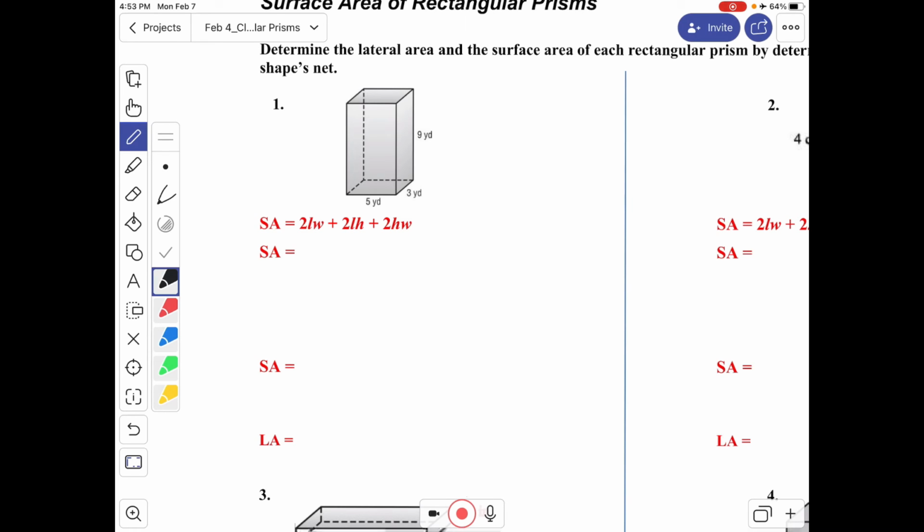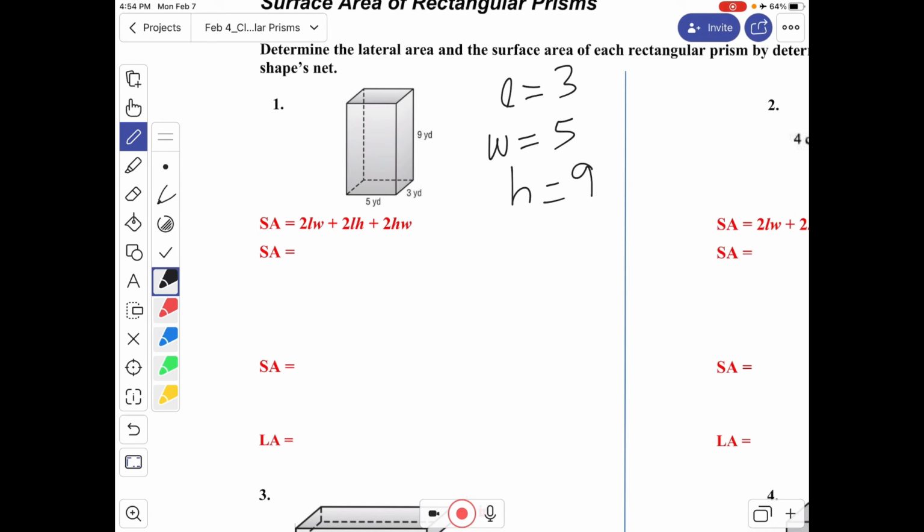It's 2 times length times width, and then 2 times length times height, then 2 times height times width. Notice everything's used twice. And if it helps you, you can just go ahead and write. I think the length is 3, and I think the width is 5, and I think the height is 9.